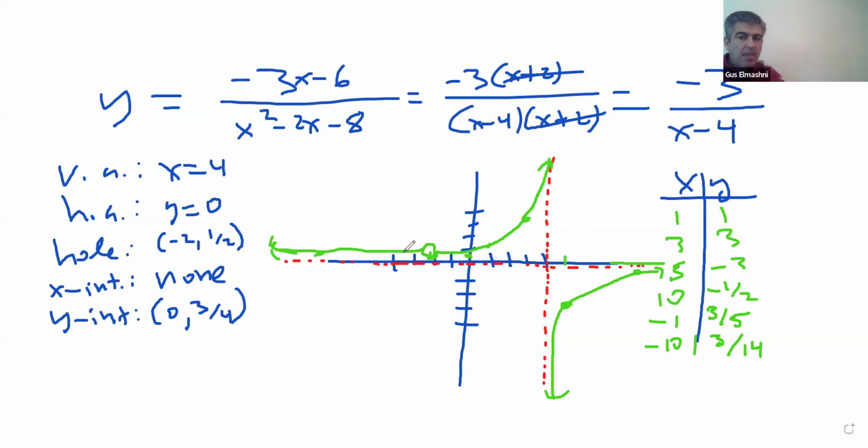And again, you just have to be careful, because notice I plotted some points in the negative region, like I accidentally did -10, -3/14, or I accidentally did 2, -0.5 initially. So I don't know what's wrong with the holes, why I messed that one up, but yeah, there you go.